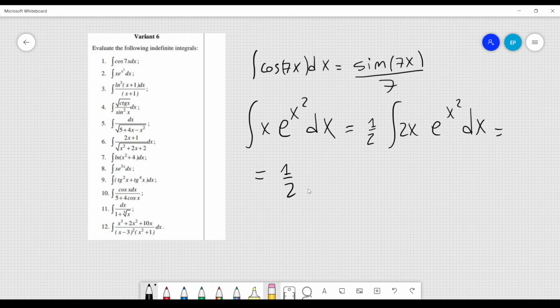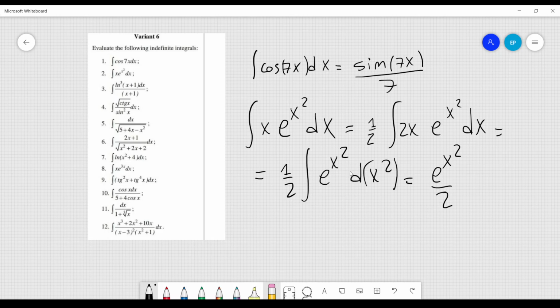You can also rewrite it as 1/2 the integral of e to the x squared, d of x squared. The integral of the exponential is just the exponential itself. So this is equal to e to the x squared divided by 2. This is another very simple integral.